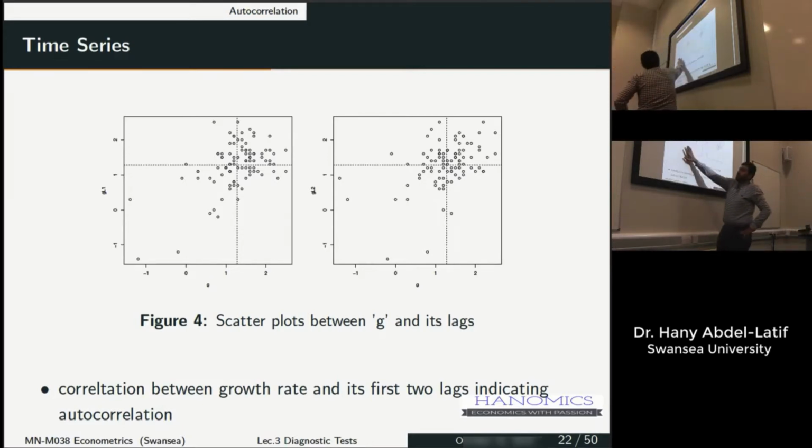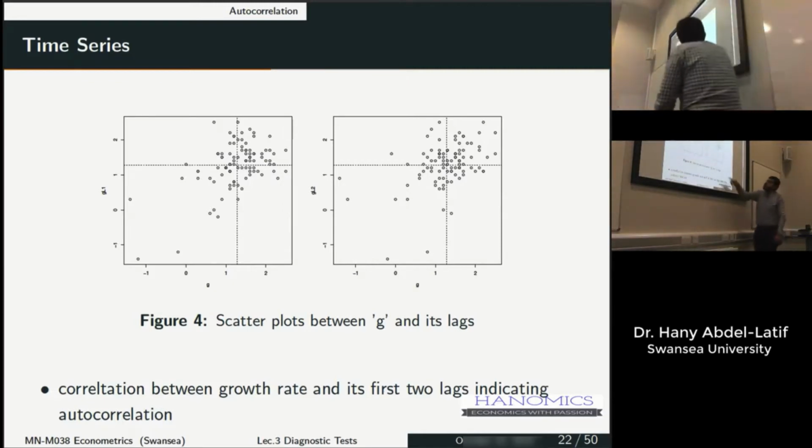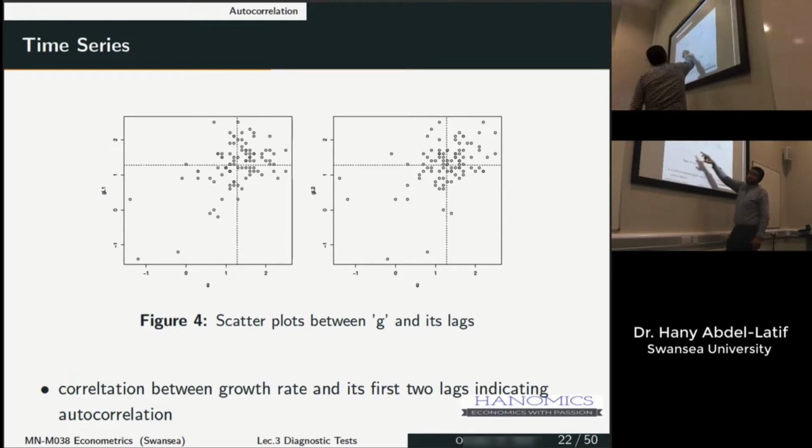These are quarterly data, so we compare growth in this quarter to growth in the previous quarter, t minus 1, and to growth two quarters before, t minus 2. So there's some sort of positive correlation here.